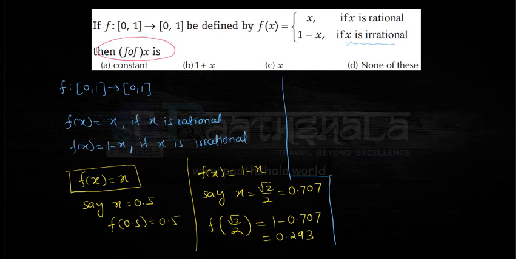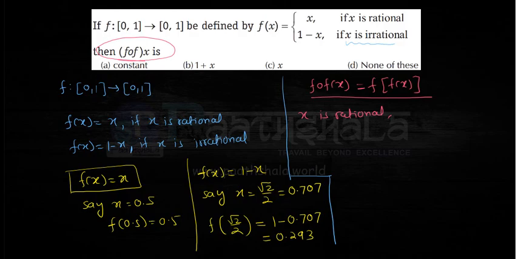Now let's use this information to understand what happens when we apply the function twice, that is f of f of x. The very first case: if x is rational, then f of x is x, which is given to us.